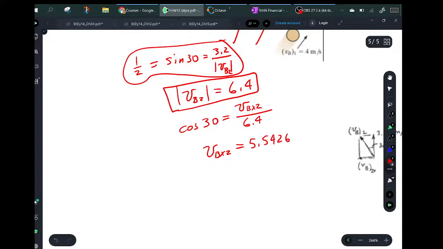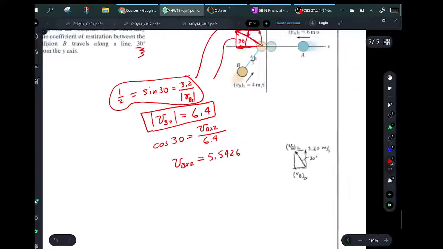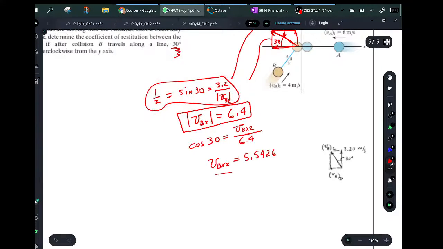Okay, now that you have this, look back at your equation and you'll see something interesting.